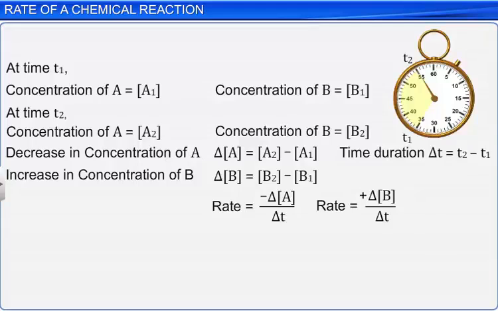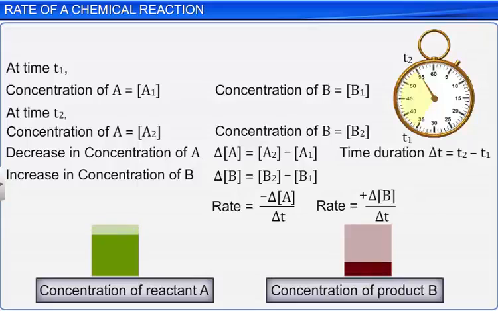However, the rate of reaction is not constant. It changes with time. The rate of disappearance of reactants gradually decreases with time as the reactants are consumed. And the rate of the appearance of products increases with time as the products are formed.